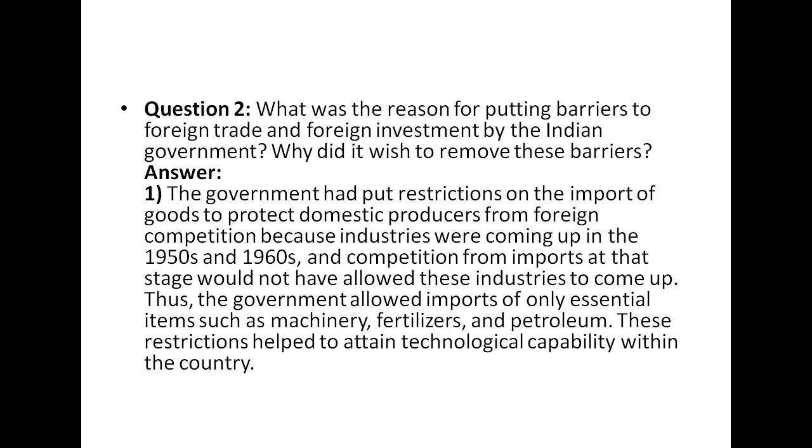The government thought that they should allow only the essential things, so that the other industries could come up to a stage where they can increase their own production. That's why they allowed only the essential items such as machinery, fertilizers, and petroleum, and these restrictions helped them to attain technological capability within the country.